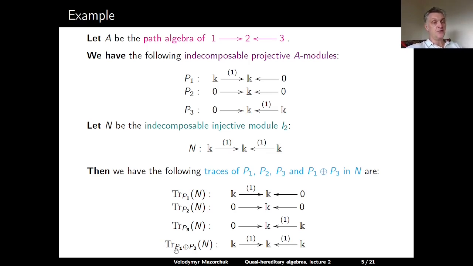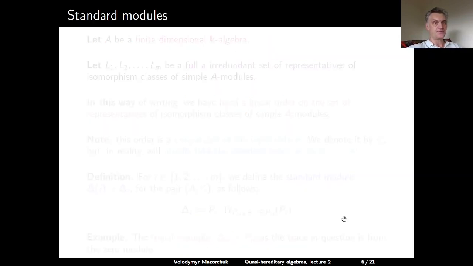And finally, the trace of P1 plus P3 in n is equal to n, because we take P1, this gives us the submodule P1, as we computed here, and then we take P3, this gives us the submodule P3 in n, as we computed here. And now if we add them up, it's a usual sum, not a direct sum, we will get exactly n. So the trace of P1 plus P3 in n is equal to n.